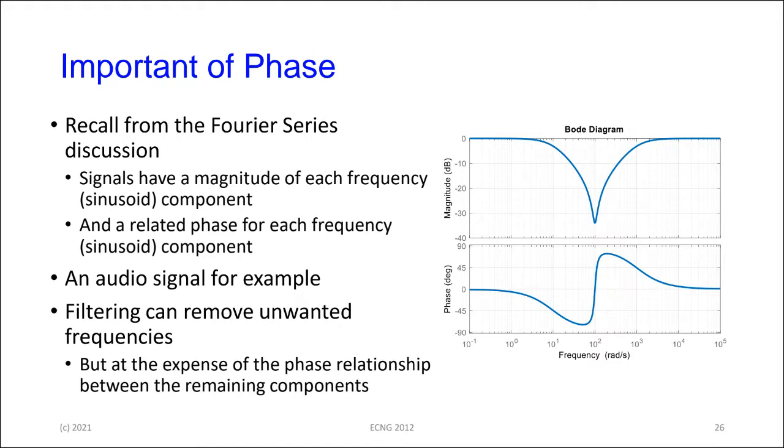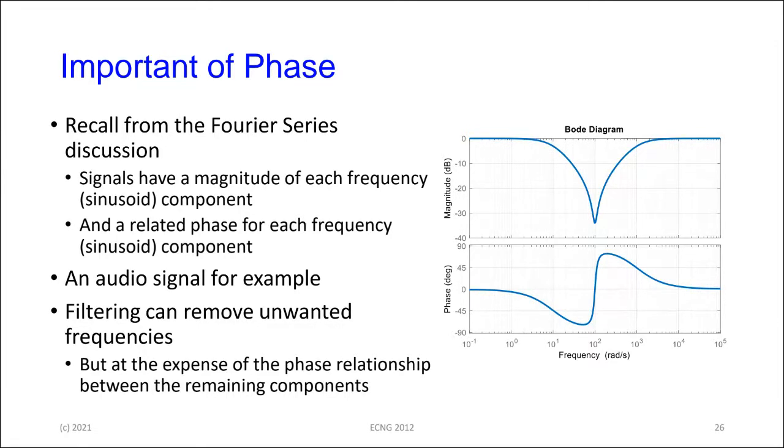Once it has any frequency component, each component, and we saw that once the signal is periodic and continuous, the components are all sinusoid components. So all of the sinusoids have an amplitude, a magnitude, and they all have a phase, which is how each of them relates to each other. The sort of timing, for instance.